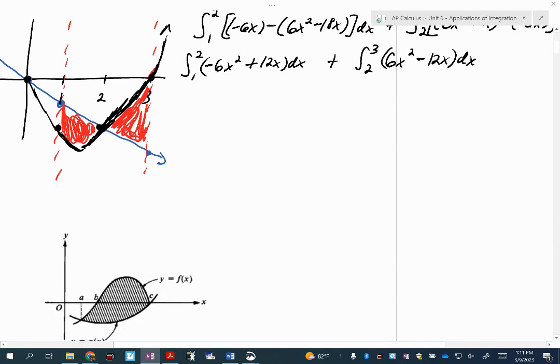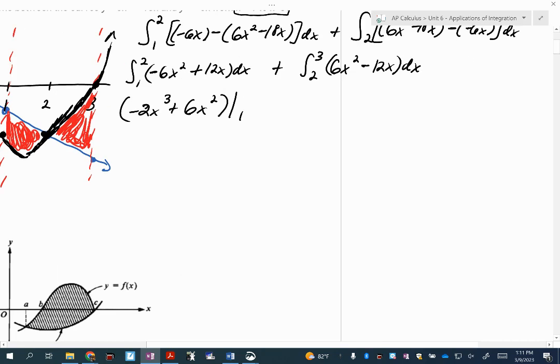All right, so let's find the antiderivatives. Let's see, negative 2x cubed plus 6x squared, right? Evaluated at 2 and 1. And then plus positive 2x cubed minus 6x squared, evaluated at 3 and 2.